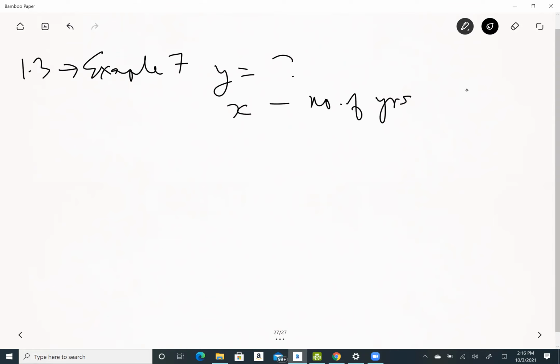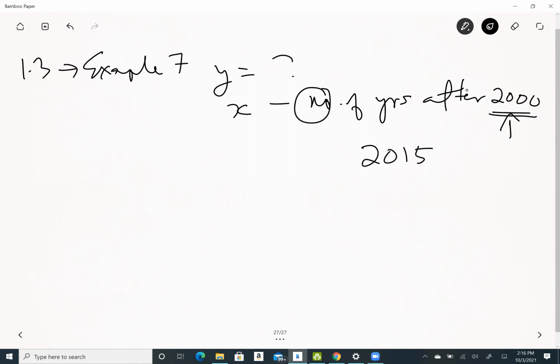The number of years after 2000. You don't want the year, you want the number of years after 2000. So if you look at the year 2015, we don't want the year 2015.